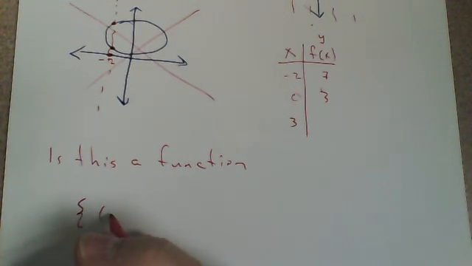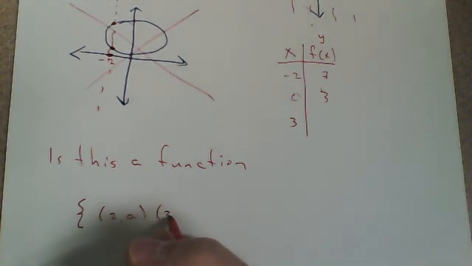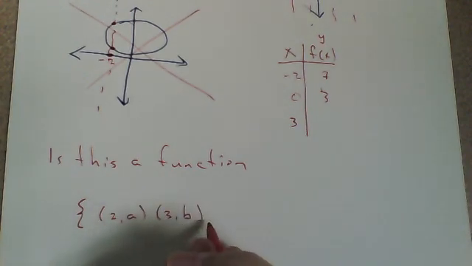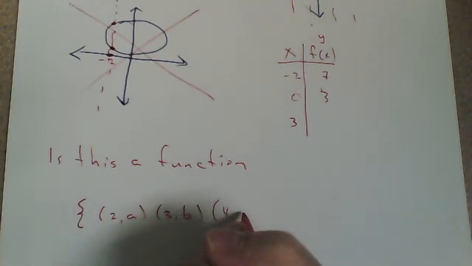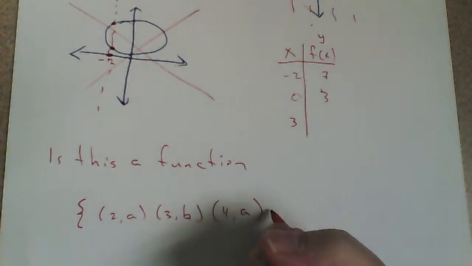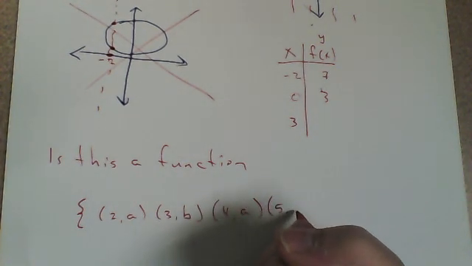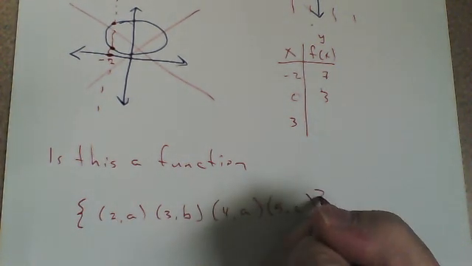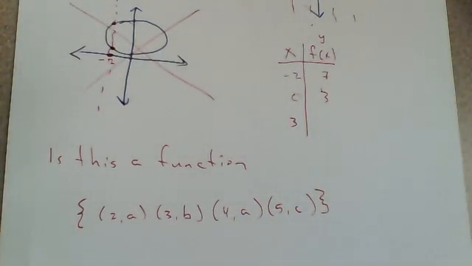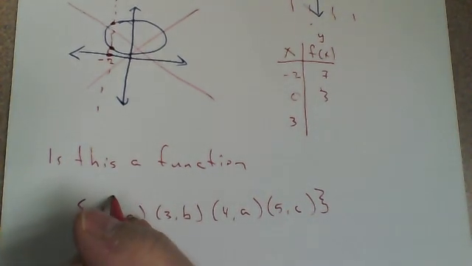So one would be like (2, A), (3, B), (4, A), (5, C). And the way to tell if a set of ordered pairs is a function is to look at that first value in the pairs. Look at your x values.